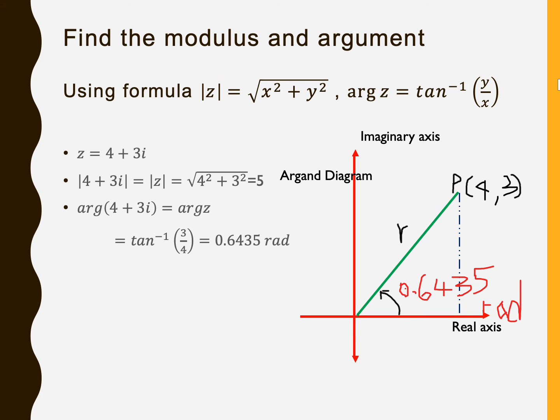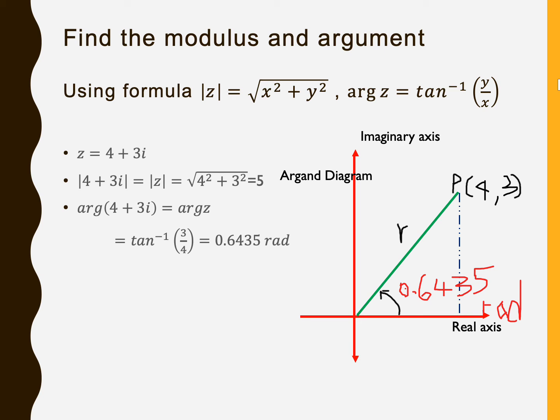Find the modulus and argument. Using the formula modulus z equal to square root of x squared plus y squared, and the argument z equal to arctangent y over x. Now we are going to find the modulus and argument of the complex number z equal to 4 plus 3i.